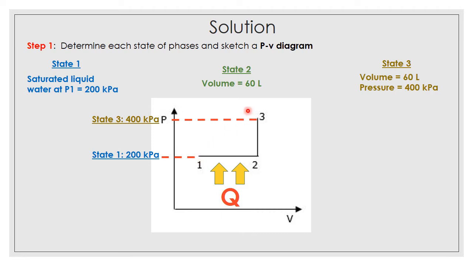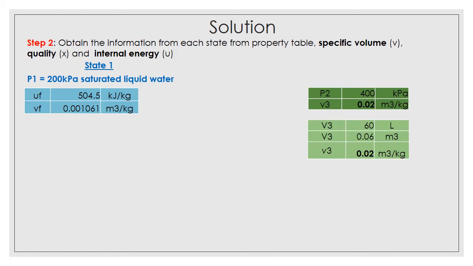It should be underneath the curve, or else we can write this one more or less. So this line is saturated liquid, and then this point 3 or state 3 is underneath the curve, which represents the saturated mixture.